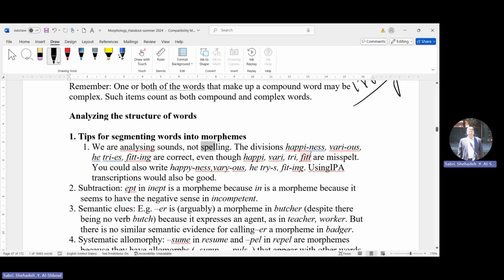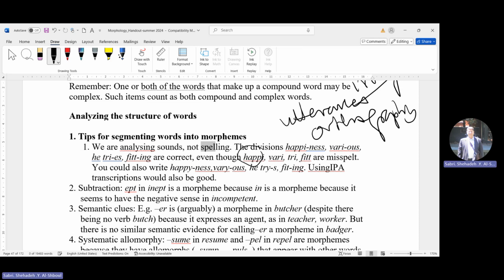So here, for happy, it is misspelled, right? So here we divide the sounds of happy with happiness, sounds, not orthographic forms. So we talk about utterances, right? Not orthography.